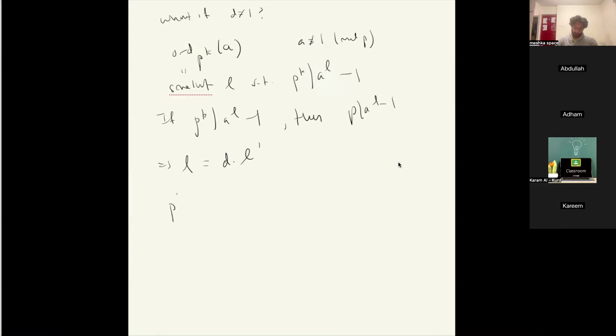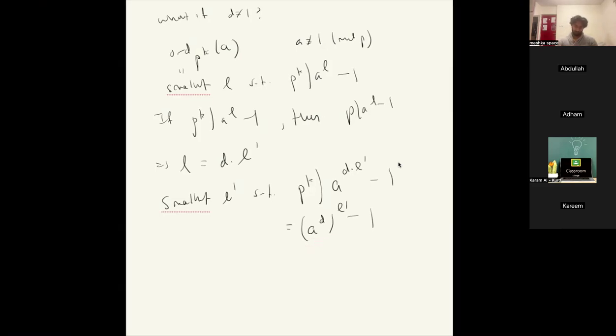So we want the smallest L prime such that P to the K divides A to the D L prime minus 1, which is A to the D, to the L prime, minus 1. Now A to the D is congruent to 1 mod P, and so we can use lifting the exponent on A to the D.